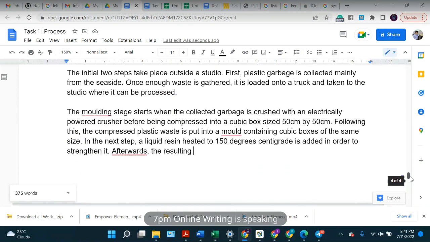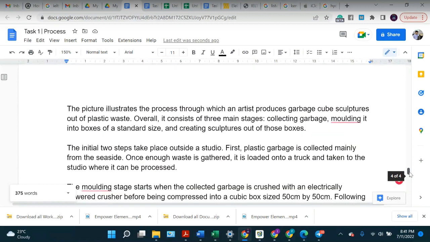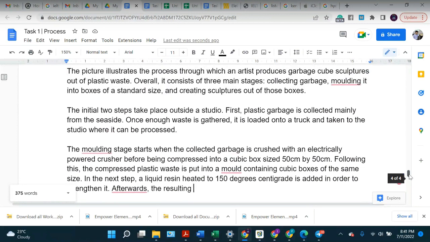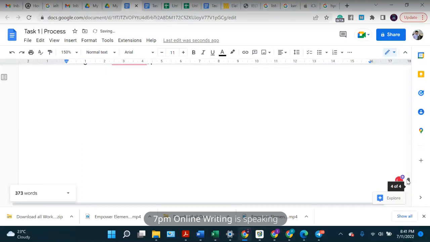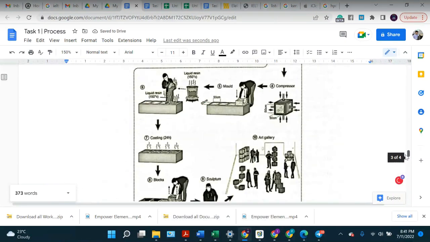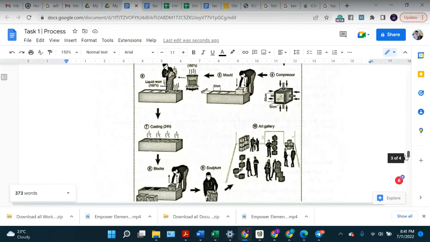I just keep using it over and over. So the resulting would not really be a good word. Then what is? I am not sure. The mold, again, we used the mold 100 times already.